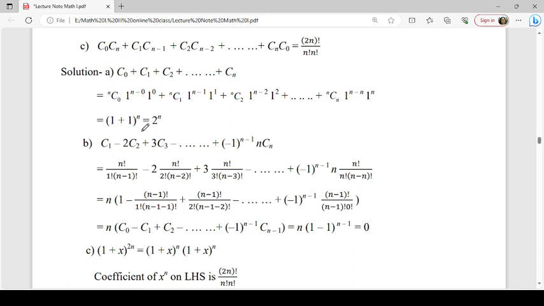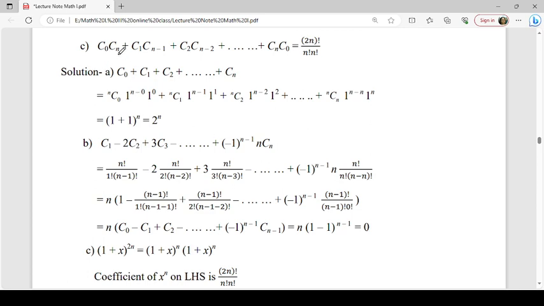Like this, the signs are alternating, plus minus. So it is (1 minus 1) whole to the power n minus 1. Last is n minus 1, so it is (1 minus 1) to the power n minus 1, and this is equal to 0.